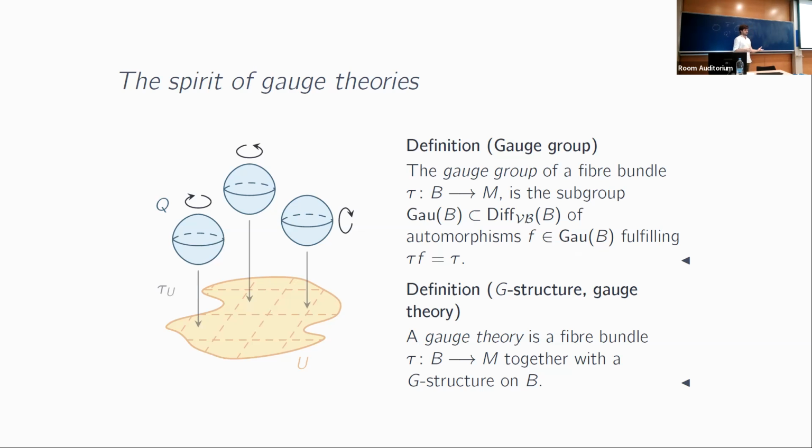And we are requiring basically that the underlying physics, the observable physics in space-time, remain unchanged by these transformations. So now we're ready to speak about what gauge theories are. A gauge theory is a fiber bundle, which we understand as an extended configuration space, together with a G-structure. And I assume that the notion of G-structure is familiar to most of you.